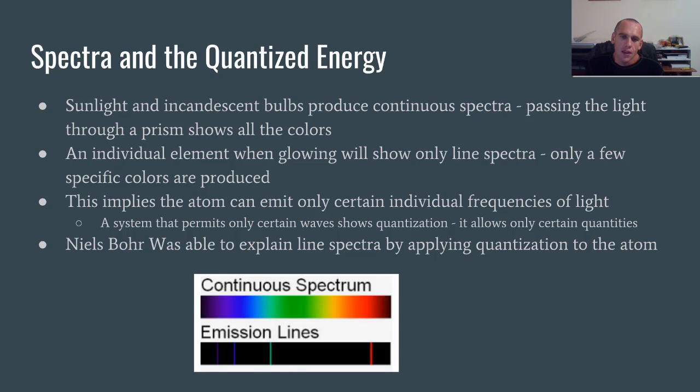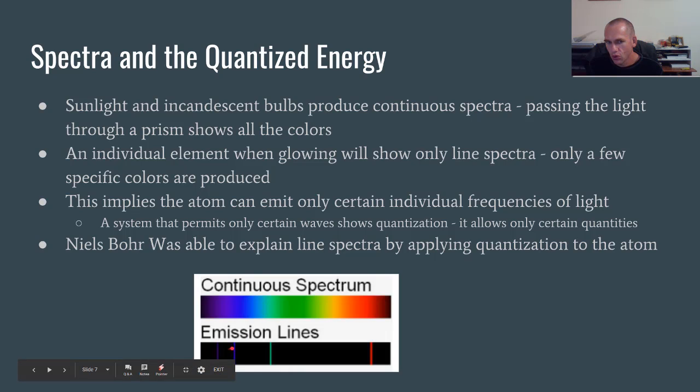Now, another thing that was messing with scientists around this time was spectra. When we look through a prism at the sun, or light produced by an incandescent bulb, we get all the colors in what's called a continuous spectrum. So from red to violet, we don't miss anything. But when you take an individual element and you heat it up until it glows, you don't get that continuous spectrum.